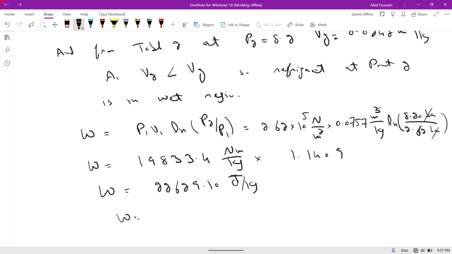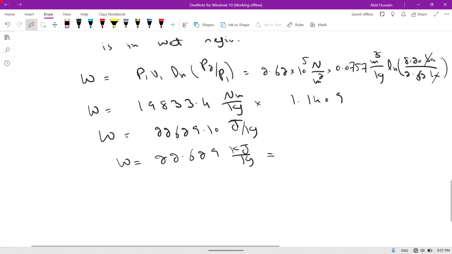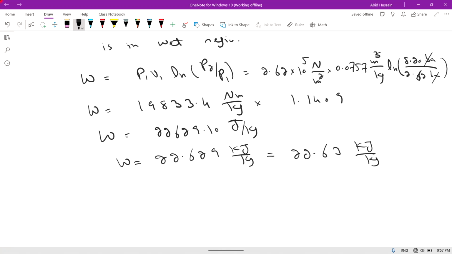So W is equal to 22.629 kilojoule per kg, and if we round this, it is 22.63 kilojoule per kg.